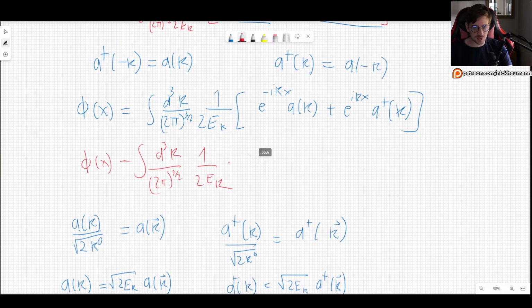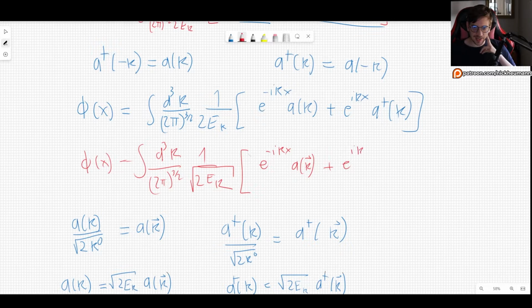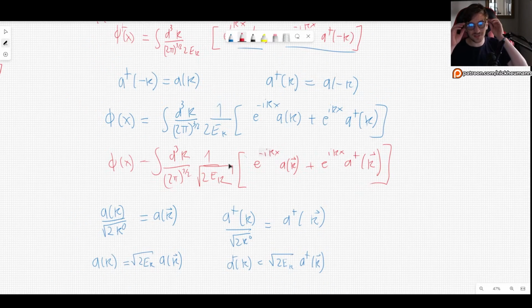So that means we now have to multiply this by the square root of 2ek. So when we simplify, we end up with the square root down here. Then we have e to the minus ikx, a of k vector, plus e to the ikx, a dagger of k vector. Okay, so that is going to be the expression that we use for the fields.